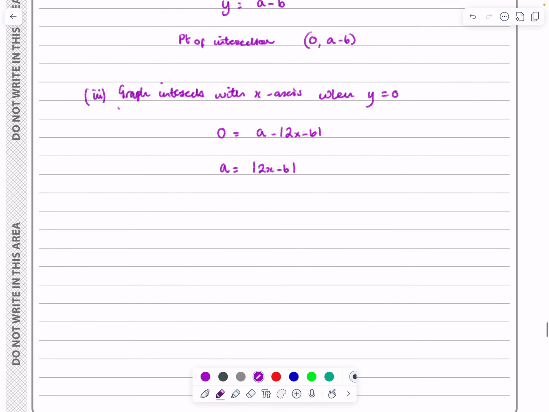And so I get my two different possibilities. I can get where this was a positive, and I can get where this inside was a negative. So if it's positive, I'm going to get a equals 2x minus b, and then just rearrange that.